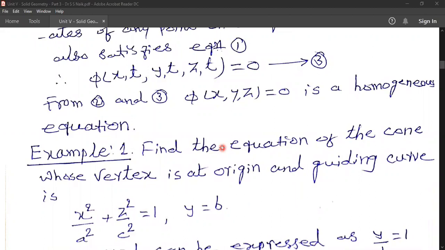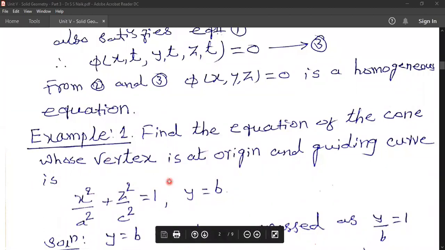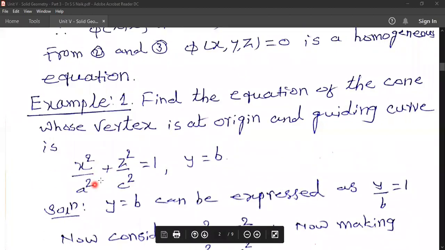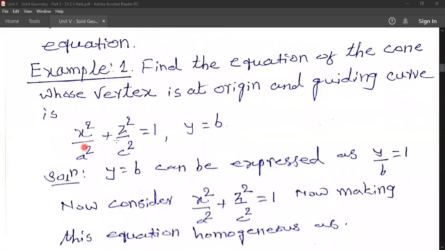Then we'll take an example so this idea becomes clear. Example 1: find the equation of a cone whose vertex is at the origin and whose guiding curve is x square upon a square plus z square upon c square equals 1, y equals b. Here, x square upon a square plus z square upon c square equals 1 is the equation of an ellipse.